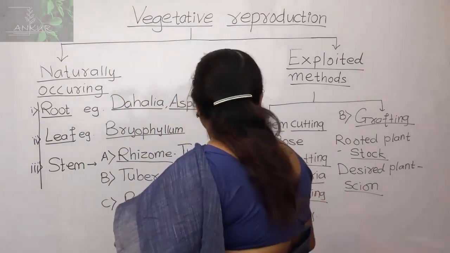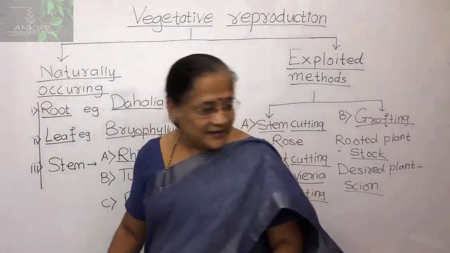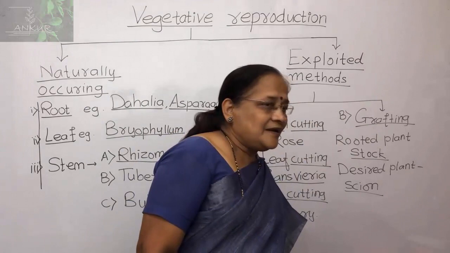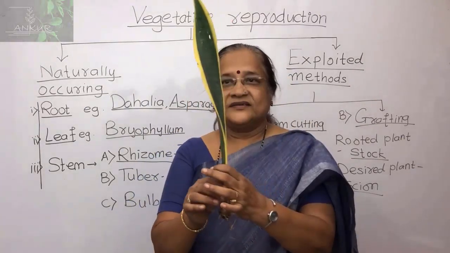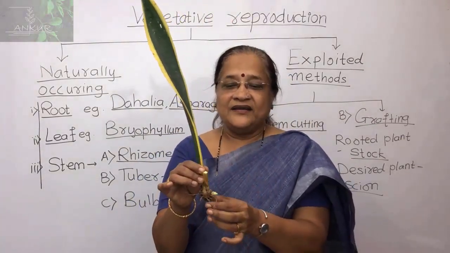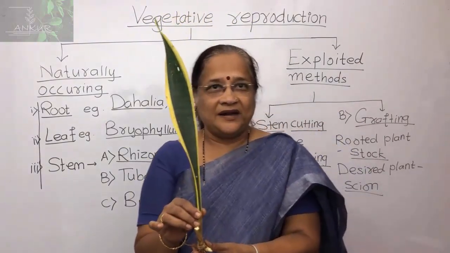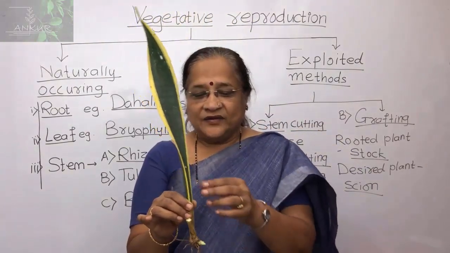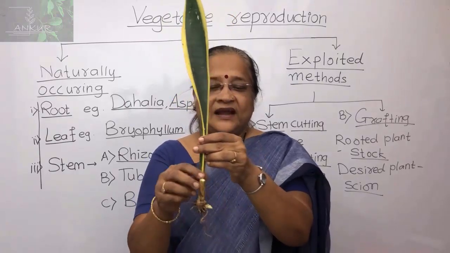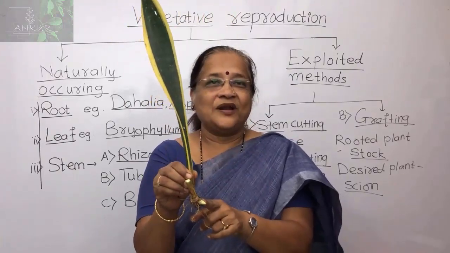Next one is the leaf cutting, and in this leaf cutting the example is the sansevieria plant. So this is the sansevieria plant, which is very beautiful looking and used as an ornamental plant. Normally you get the roots, and again you get a small bud.